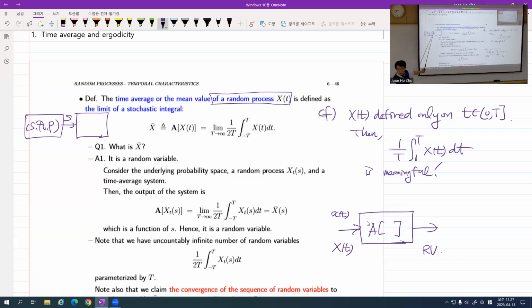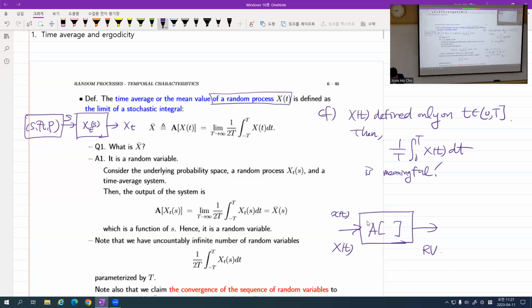We don't know what, because this abstract sample space could be a set of numbers, or a set of bananas, strawberries, something. But what is important is that the box maps this s to something, in this case a time function, and we denote the output as x of t. If it is continuous time, then we usually write x parenthesis of t. So this is our idea.